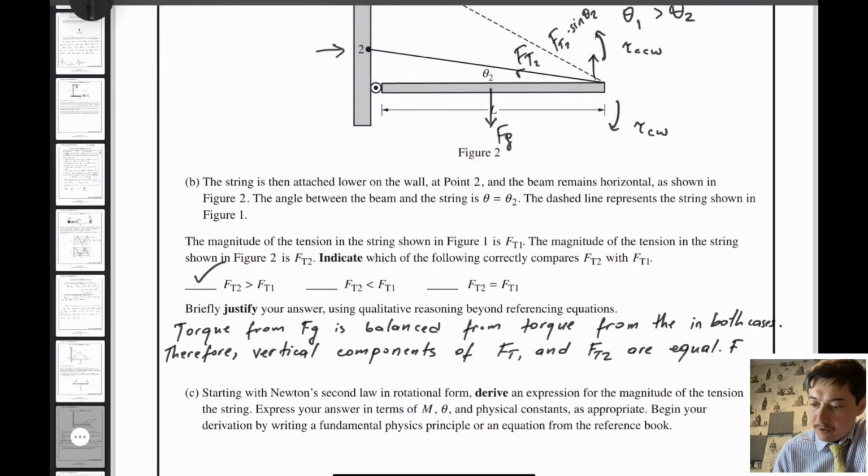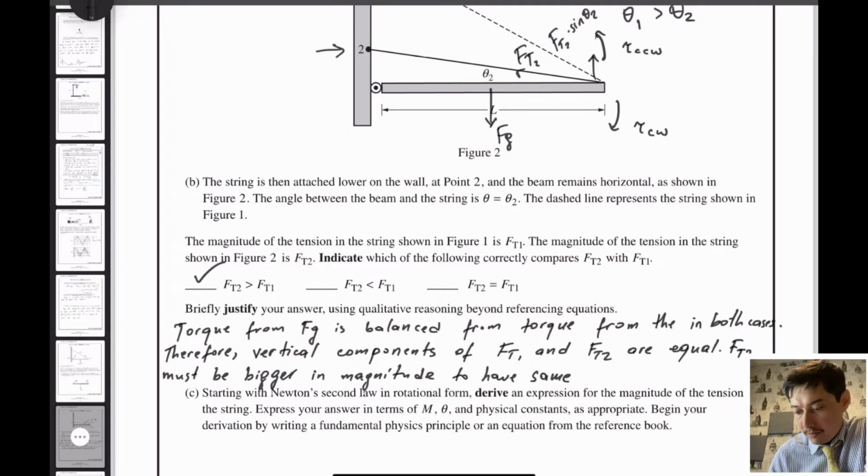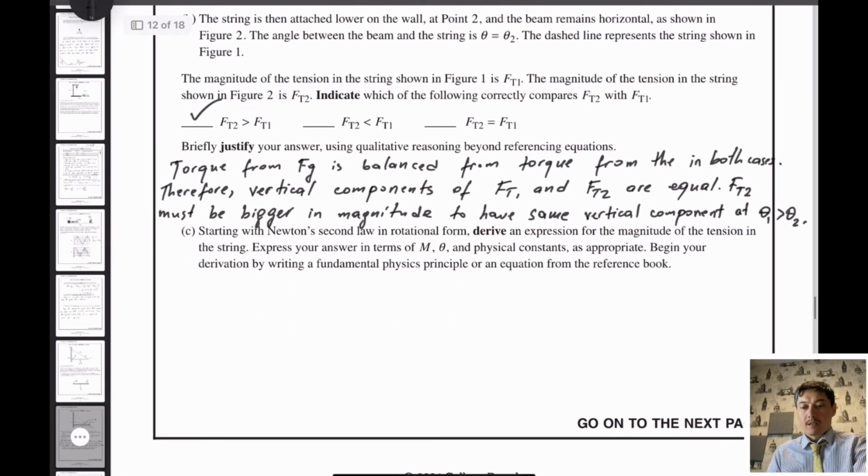Now, Ft2 must be greater in magnitude to have the same vertical component at a smaller angle, since theta 1 is bigger than theta 2. Theta 2 is smaller than theta 1. Next question.